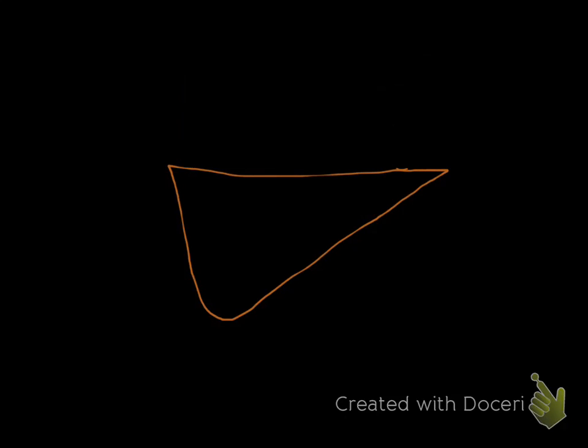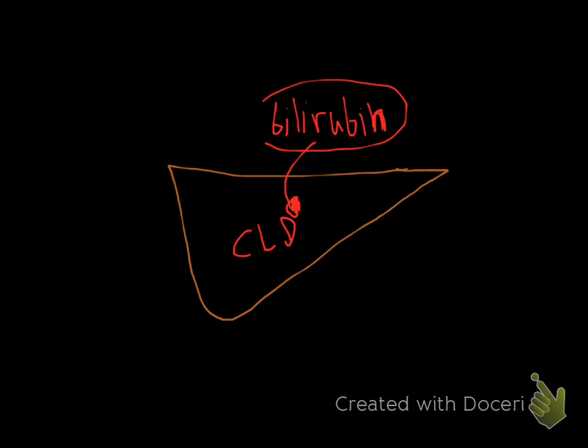Okay, the first function of the liver that we mentioned is dealing with bilirubin. Bilirubin is the result of destruction of red blood cells. If we have chronic liver disease, that means that bilirubin will not be dealt with.